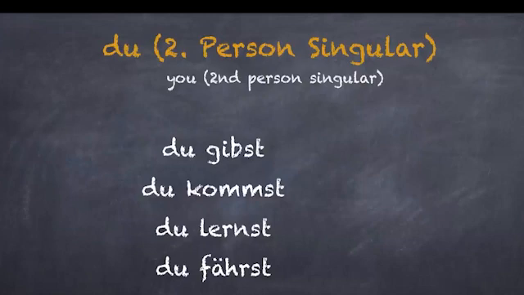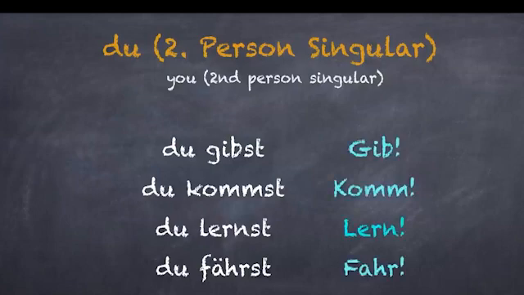These 4 verbs are conjugated with du. Du gibst, du kommst, du lernst, and du fährst. The imperative form for these verbs are gib, komm, lern, fahr.